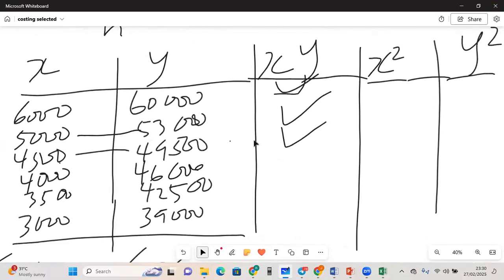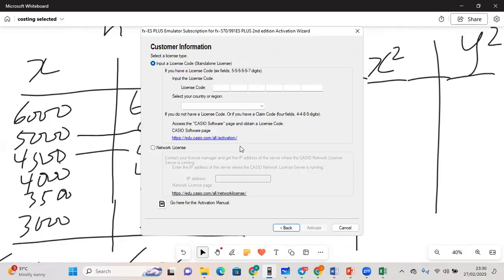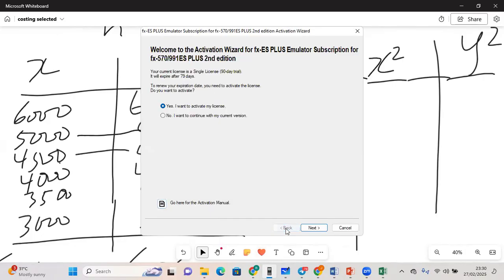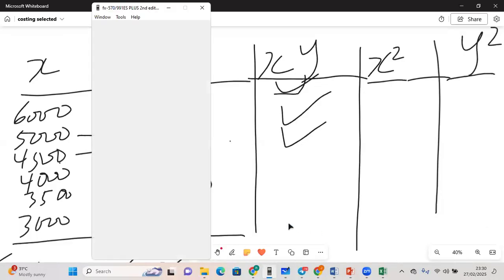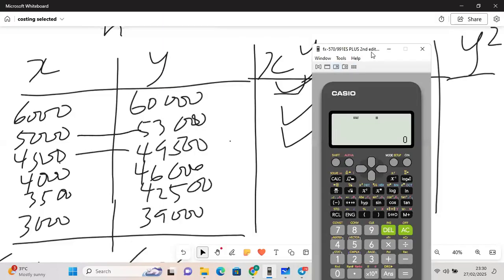But let me show you a simple way you can do all this on your calculator, and then you are good to go. So let me open the scientific calculator. Let me open the question.